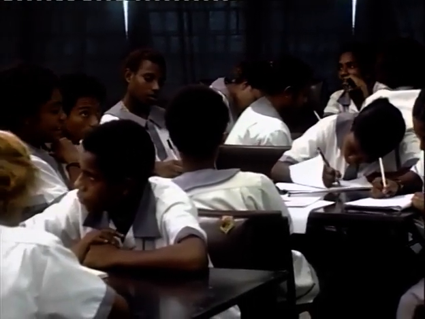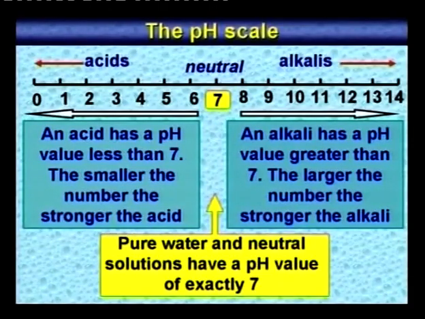Next set of information on the pH scale. Pure water and neutral solutions have a pH value of exactly 7. So if you have a solution with a pH value of 7, you must know that that solution is a neutral solution.